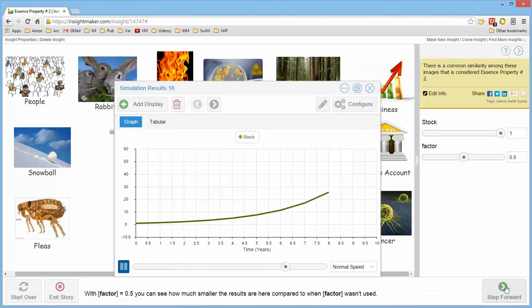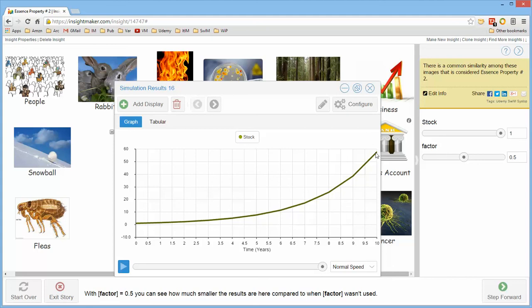So with that set, with the factor set at 0.5, notice that the growth in this instance, which is only 57 or something like that, is nowhere near the 1024 that it was previously.